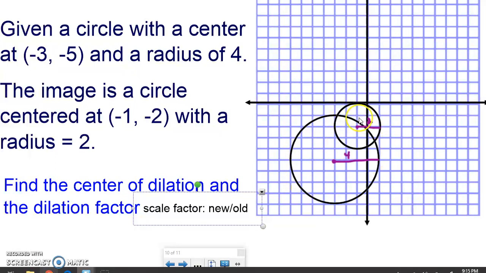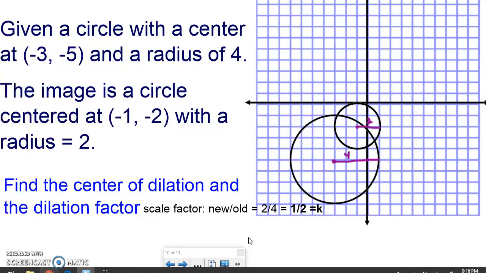So we started off really big and we got small. So we know our scale factor is going to have to be less than 1. So we would do 2 divided by 4, which means our scale factor is a half. So it's a half the size it started at. So that's the first part.